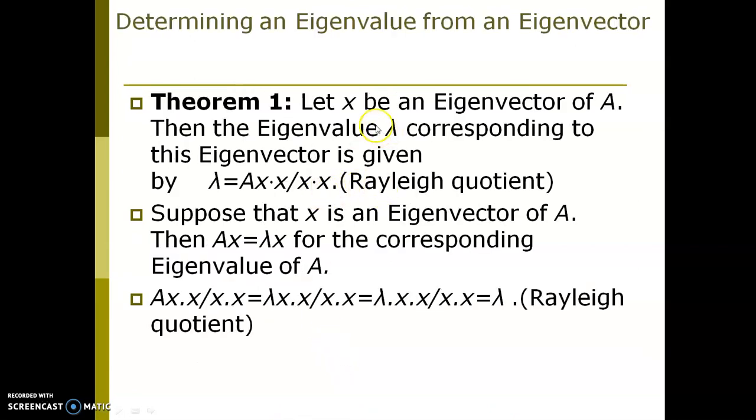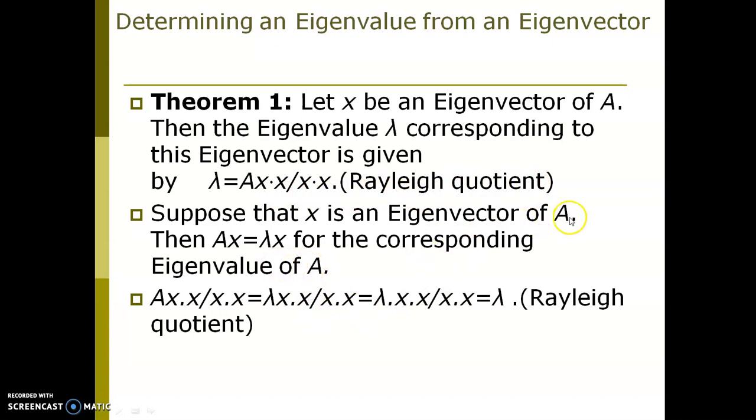Now the theorem says that if x is an eigenvector of A, then the eigenvalue lambda corresponding to the eigenvector can be calculated as Ax, which is the multiplication, into x divided by x into x. This formula, which gives the dominant eigenvalue, is called the Rayleigh quotient.